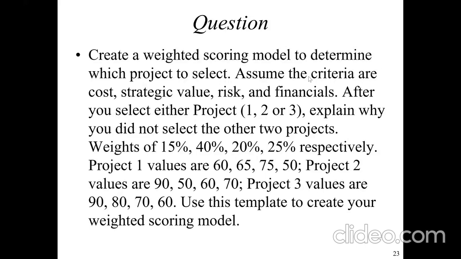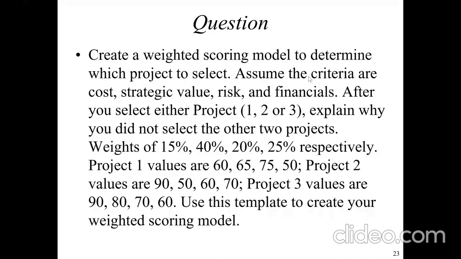So four of them. After you select either project 1, 2, or 3, explain why you did not select the other 2 projects. When you pick one, you have to tell me why you didn't pick the other ones. And the reason will be very simple: because they had lower weighted scores. That's all.